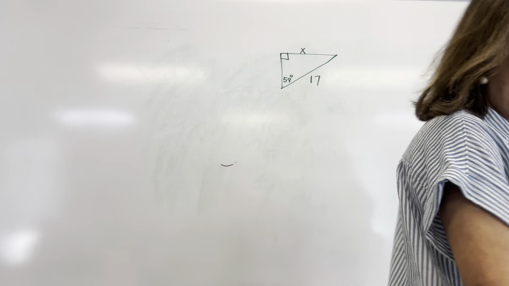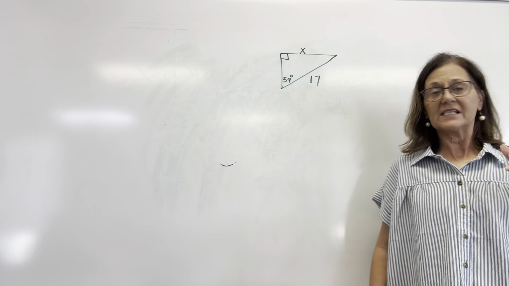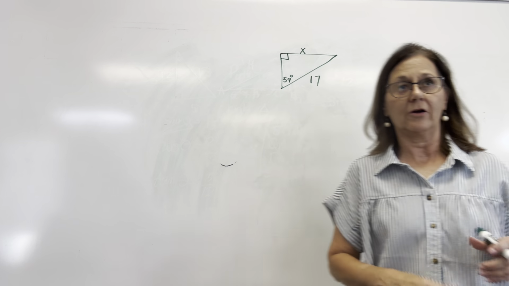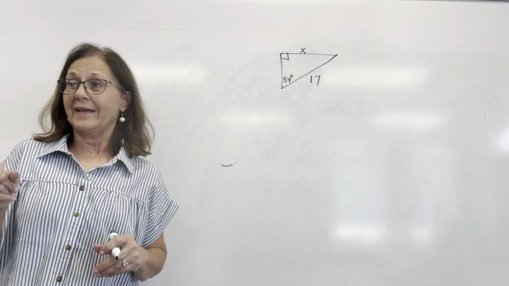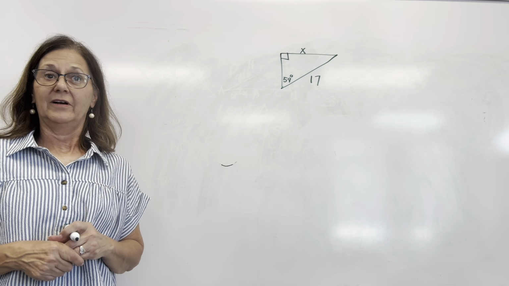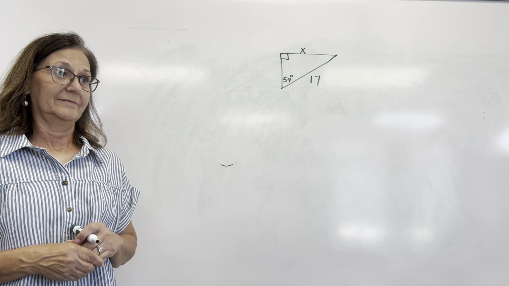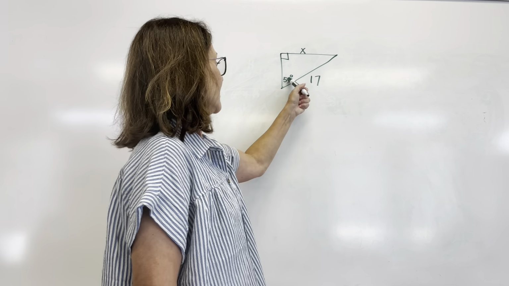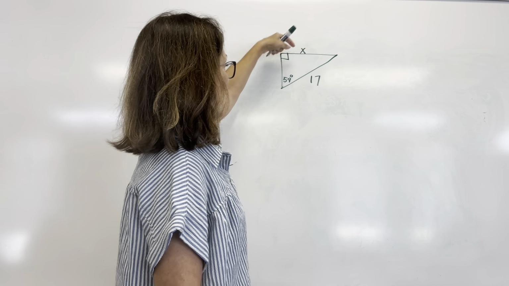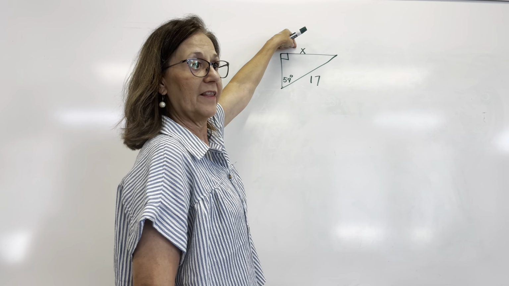So if I don't know the length of the side of a right triangle, then I can use trig to solve for the length of that side. All right, so everybody look. Here's my angle. What side is X in relation to that angle?